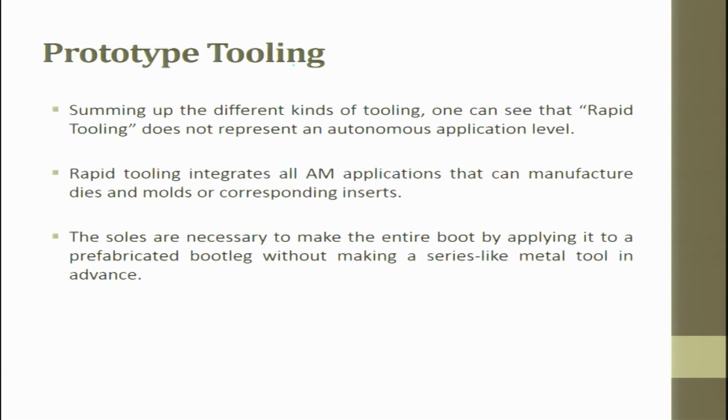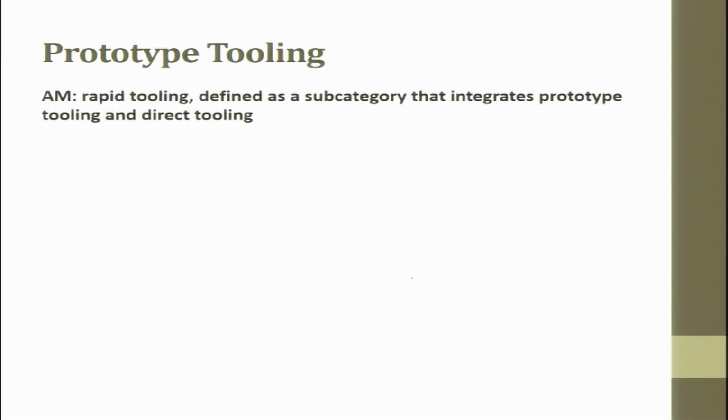Summing up the different kinds of tooling, one can see that rapid tooling does not represent an autonomous application level. Rapid tooling integrates all rapid manufacturing applications that can manufacture dies and molds or the corresponding inserts. The soles are applied to a prefabricated boot leg, without making a series of metal tools in advance.